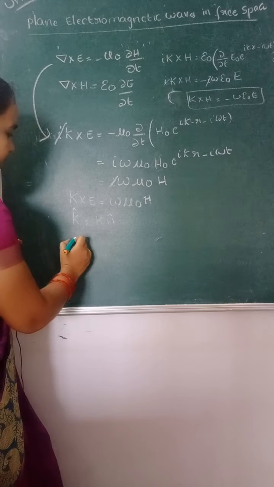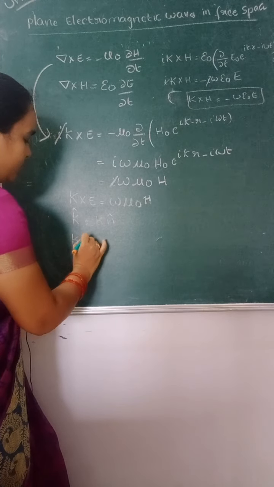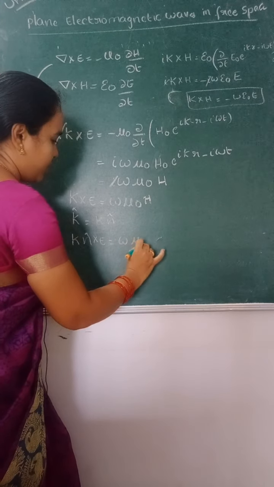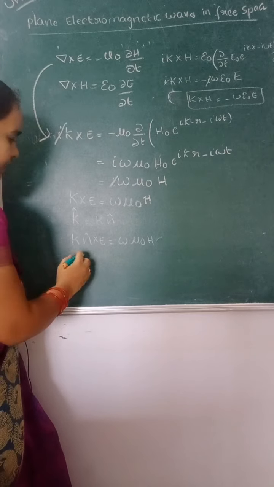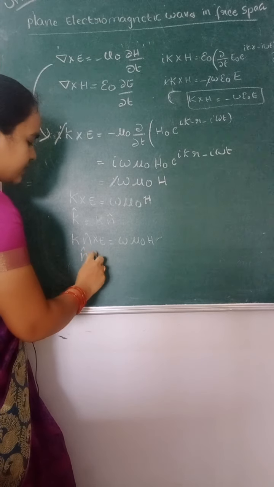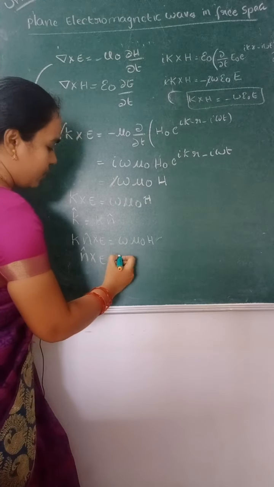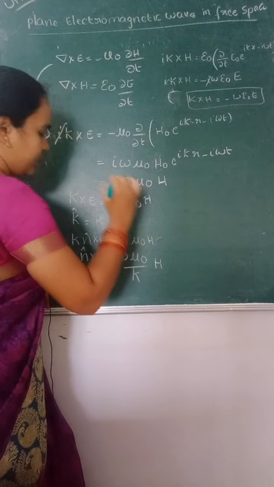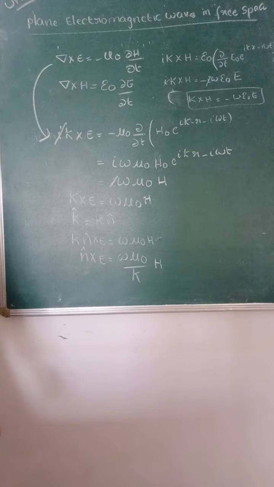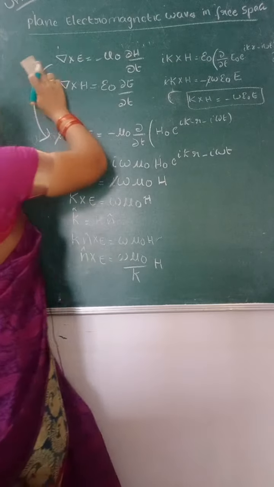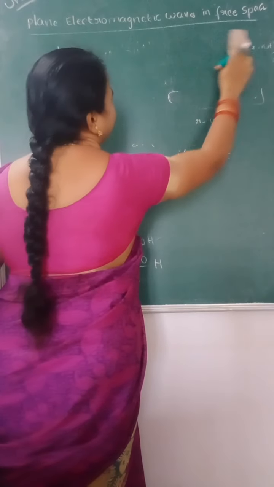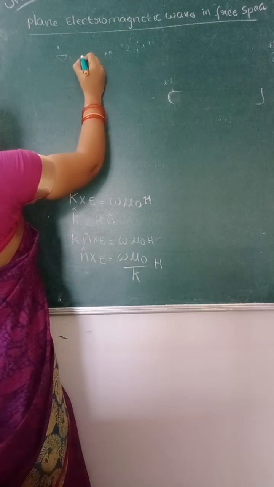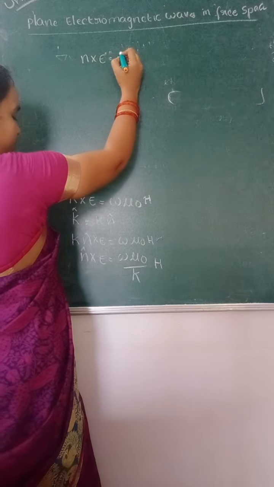So if you substitute that, k n cap cross E is equal to omega mu naught into H. Then n cross E is equal to omega mu naught by k into H. Then n cross E is equal to mu naught.